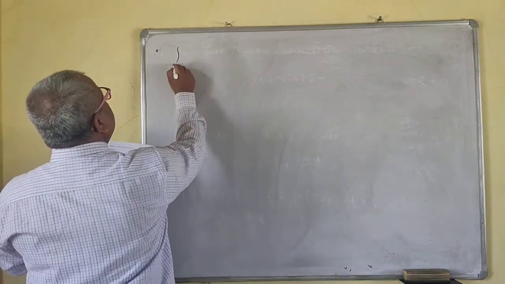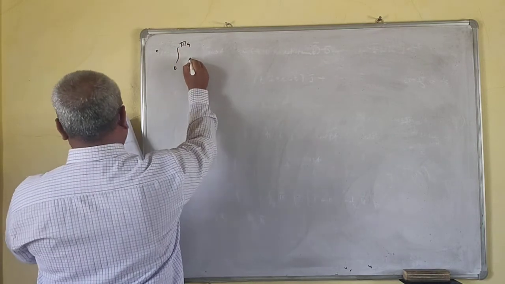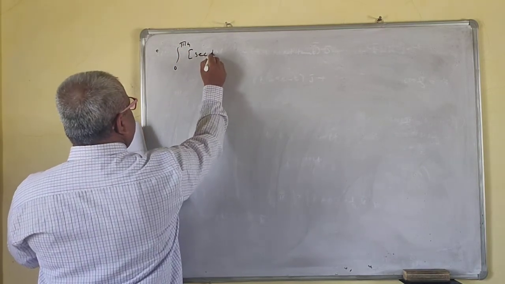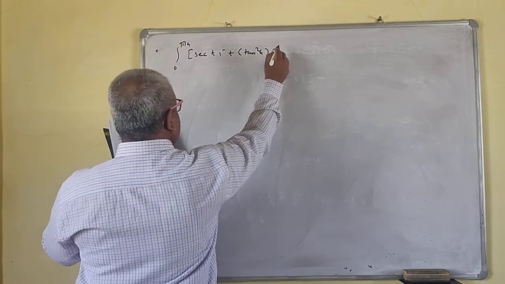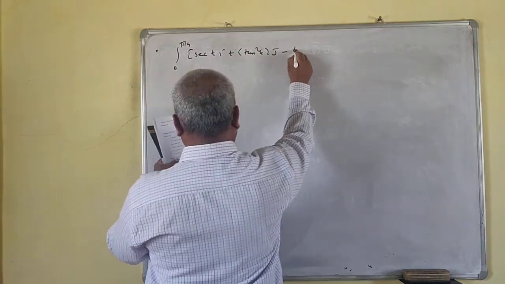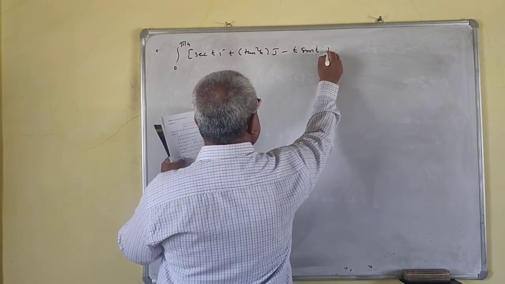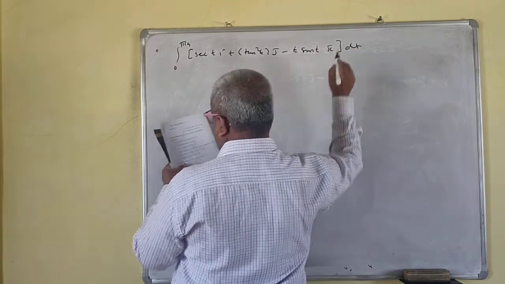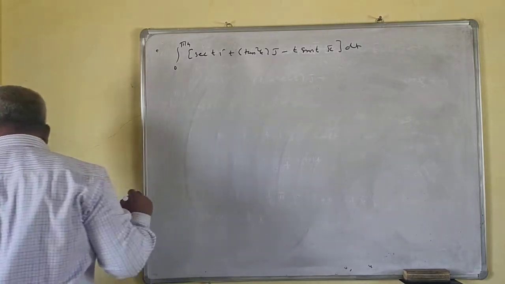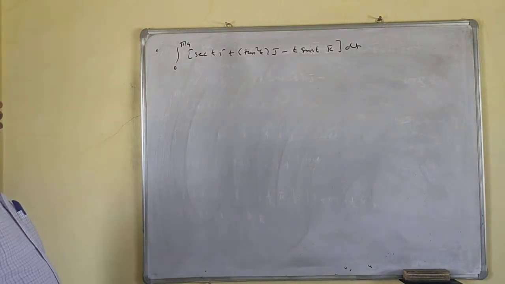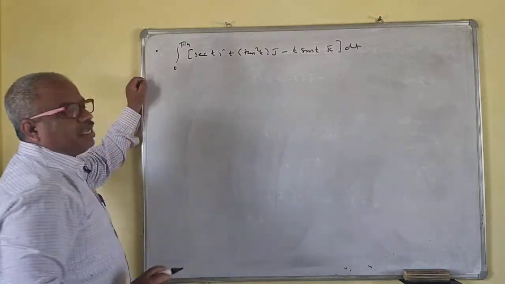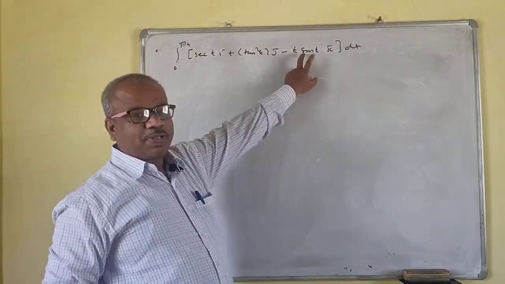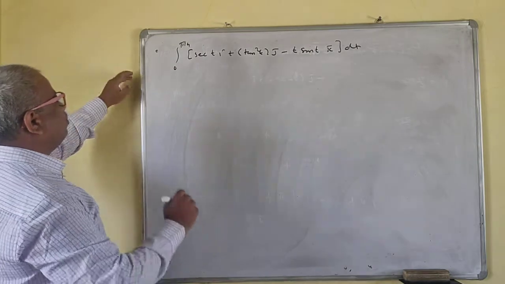Okay. So this is the integral from 0 to pi by 4 of sec t i bar plus tan square t j bar minus t sin t k bar dt. Now this tan square t is not integrable here, and for this one you have to apply integration by parts. You have to take care of this one.